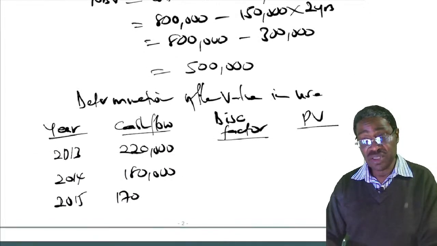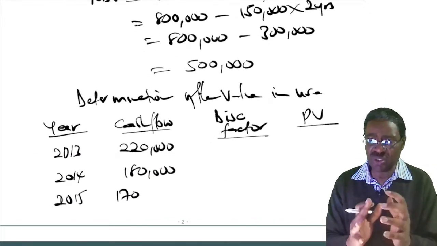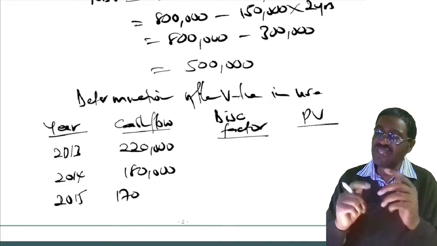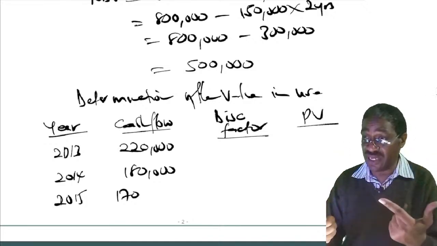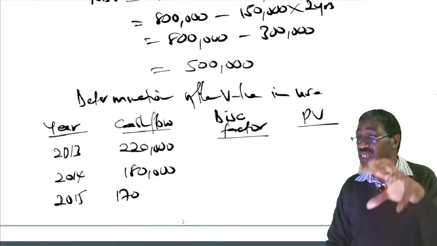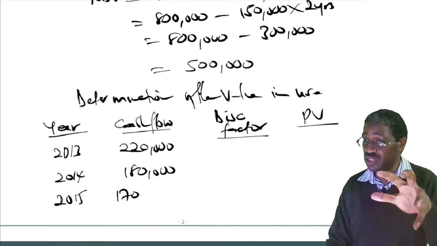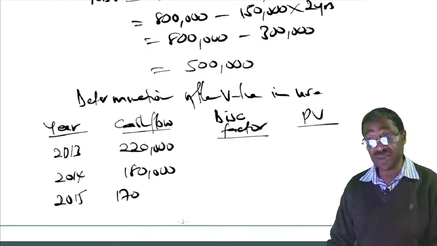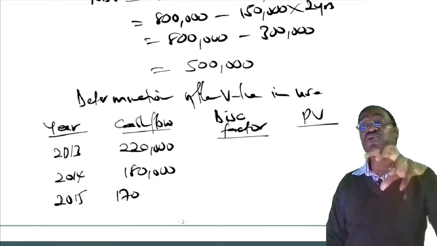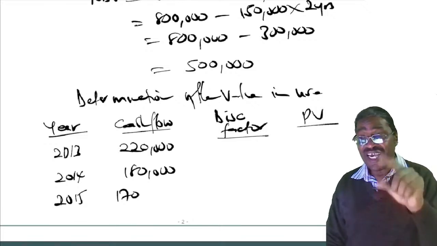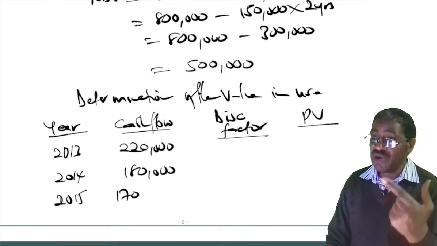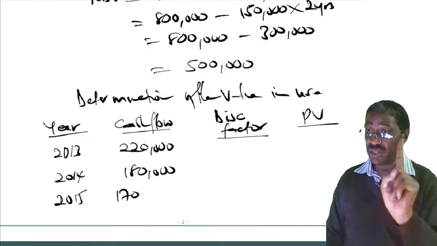The trick here was, how much are we expecting will be the cash flow generated in the year 2015? From that year, when we use the machine, we expect to generate 180. But it is the same year that we expect to dispose of that machine, and we are told it is expected to be sold for its realizable value.